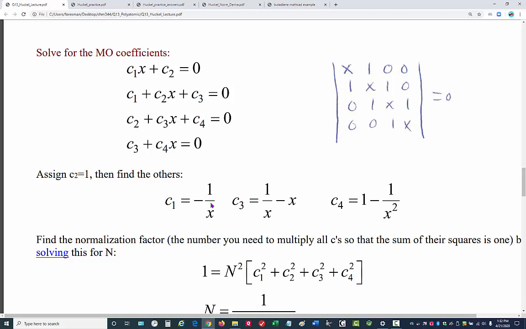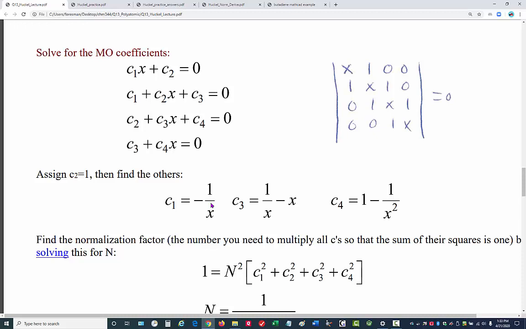In the same fashion, I can use that result then in the second equation. Plug in minus 1 over x for C1, 1 for C2, and then solve for C3. That's how I end up with this expression for C3.